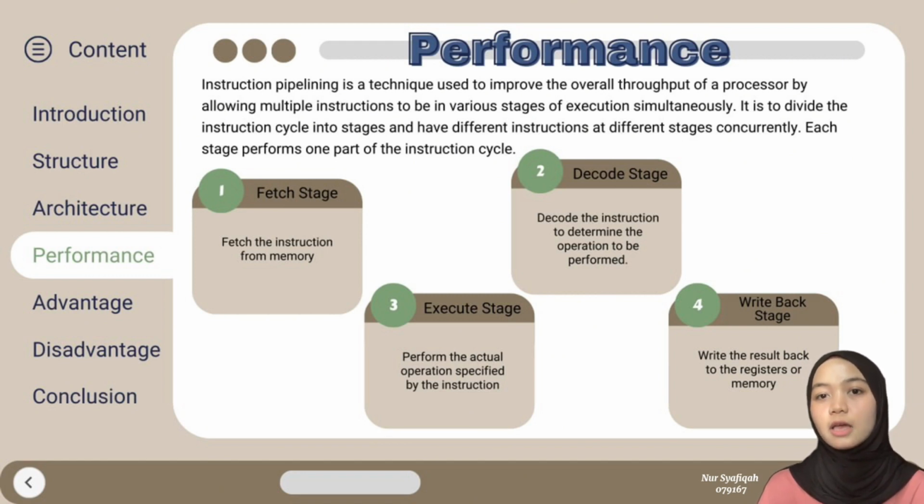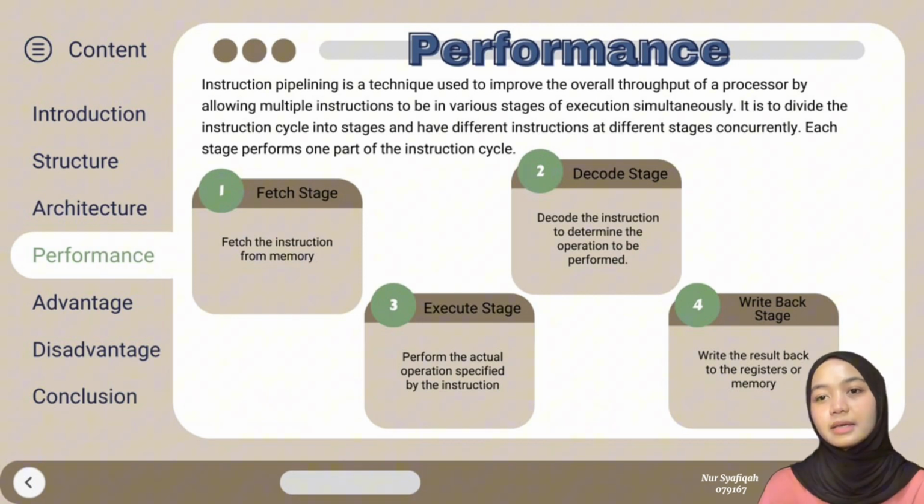First, the fetch stage fetches the instruction from memory. Second, the decode stage decodes the instruction to determine the operation to be performed. Third, the execute stage performs the actual operation specified by the instruction. Fourth, the write back stage writes the result back to the register or memory.